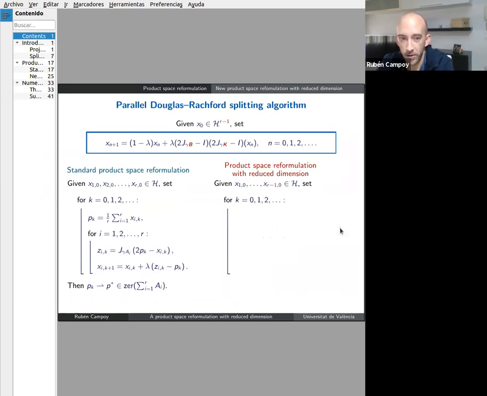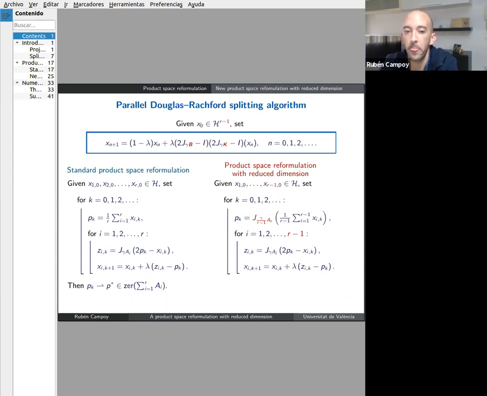And then for the iteration, this PK here is the resolvent of K. It's not only the projection onto the diagonal, but its composition with the resolvent of the last operator. Then the parallelization is only in R-1 components, but the iteration looks exactly the same. And the conclusion is the same. The sequence PK here, which is the shadow sequence, converges quickly to a solution of the monotone inclusion.